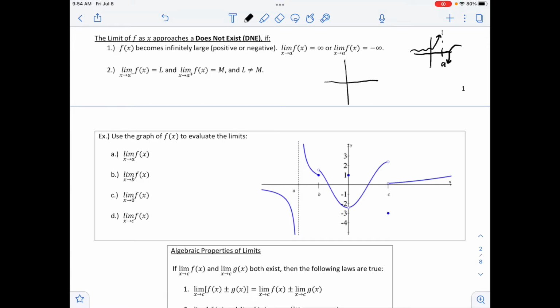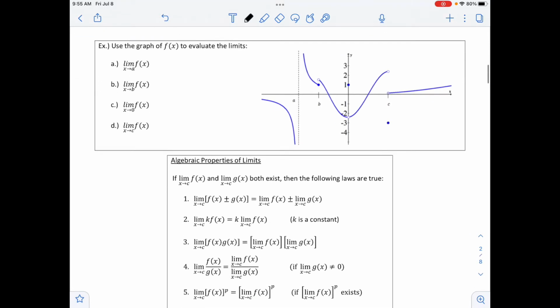So again, as we approach a, one of them is going to be approaching L, and one will be approaching M. On the left side it is approaching L, whereas on the right of a it's approaching M. Remember that in order for the limit to exist, like we saw in the previous example, the left and the right sided limits must be approaching the same numerical value, and in this case they do not. And so whenever they do not match, we would say the limit does not exist.